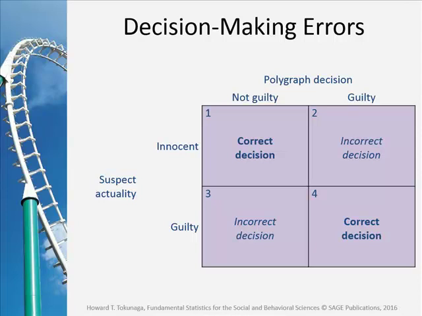You just apparently are one of those people that's really bad at taking tests, which also is not a thing. The polygraph can also say that you're not guilty. Of those people, there could be some who are innocent, and so again, the polygraph gets it right. But there could be a situation where the polygraph says you're not guilty, but you really did it.